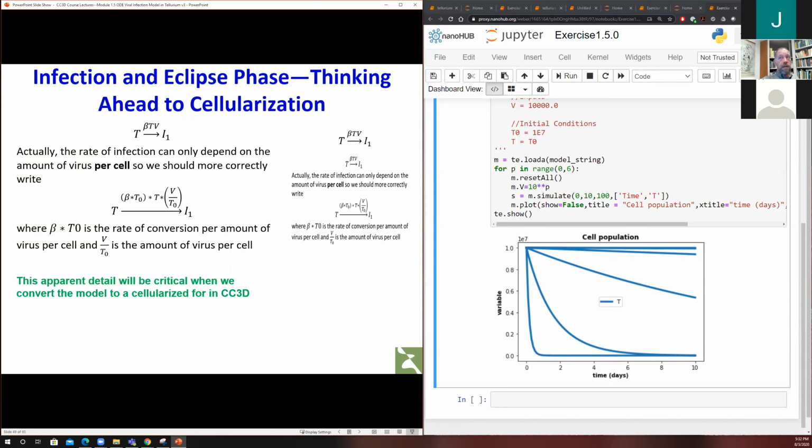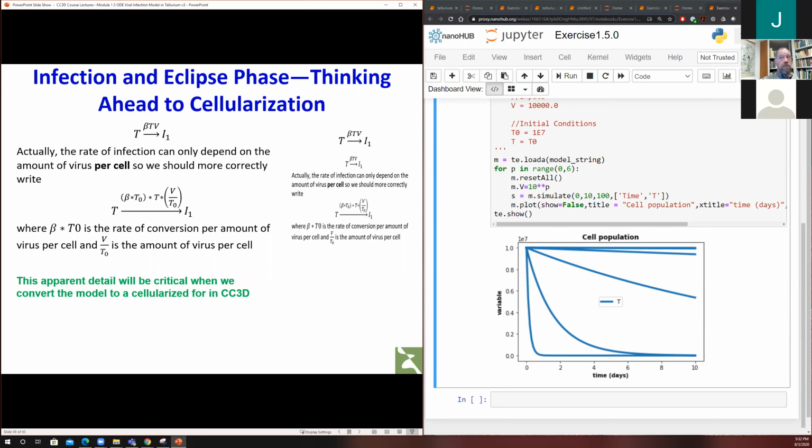The reason for that is that a cell, in reality, can only measure something that it has access to, which is the amount of virus in its local environment. And so we should be writing that rate law in terms not of the total amount of virus, which the cell can't possibly know, but rather the amount of virus per cell, which is V divided by T0, the amount of virus divided by the total number of cells.